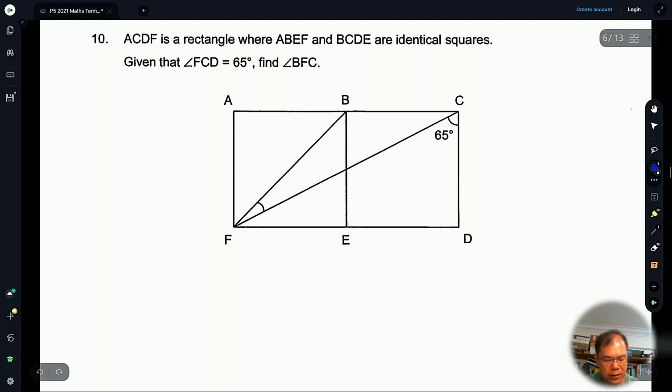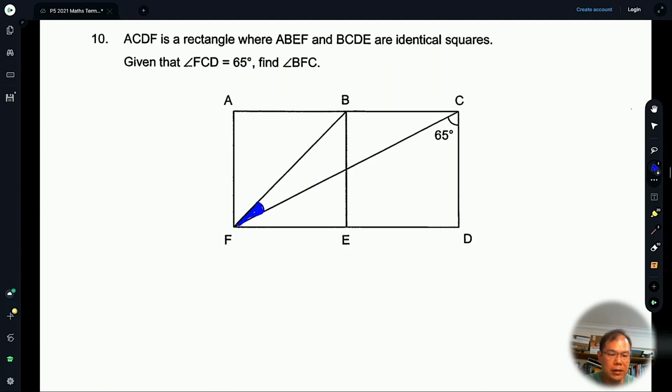Angle BFC is here. Now, these are squares, and you can see that the lines drawn form a triangle. For such questions, there are always many ways of doing it. So I'm just showing one way of doing it.